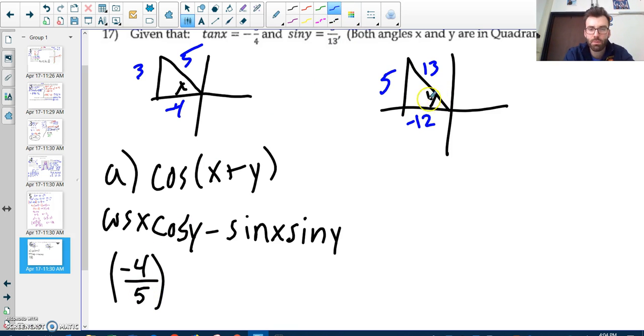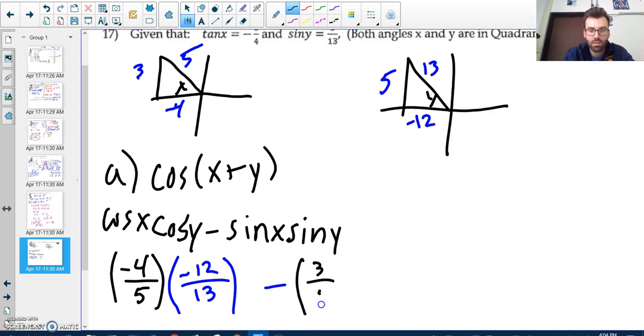Cosine of y, come over here. Cosine, adjacent over hypotenuse, negative 12 over 13. Minus sine of x, opposite over hypotenuse, 3 over 5, times sine of y, 5 over 13.